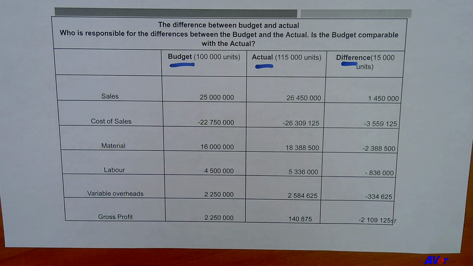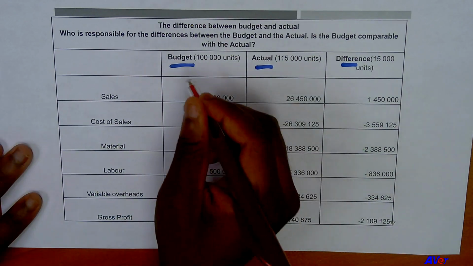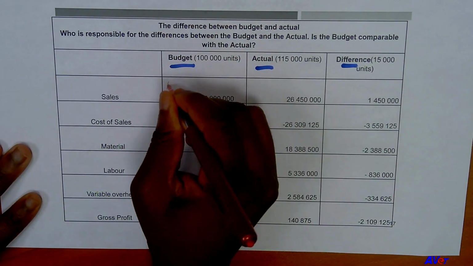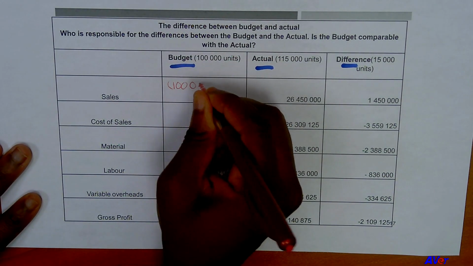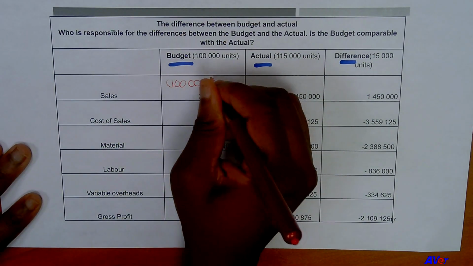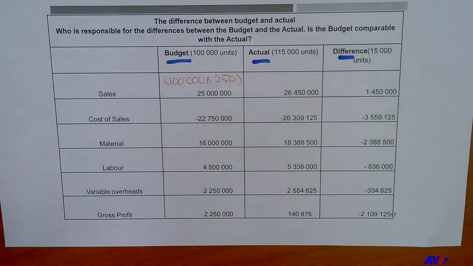As I showed you previously, how you get to the 25 million is simply 100,000 units multiplied by the selling price, which is 250. They've already given you the selling price, they've given you the units. So for you to be able to get to the 25 million, that's what you did.